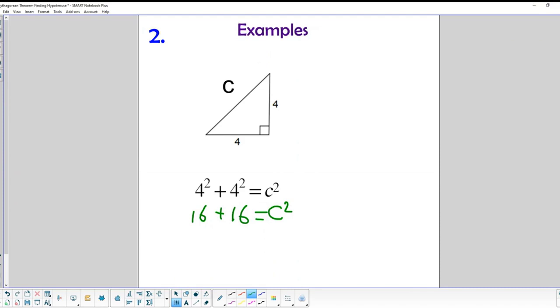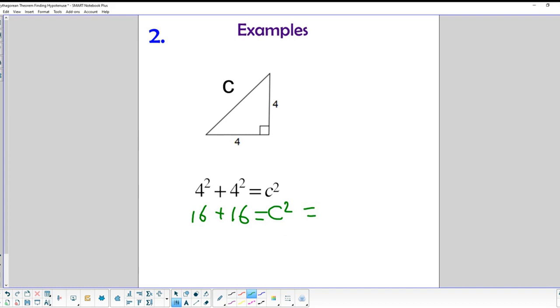So I'm going to grab a calculator to help me out. 16 plus 16 equals 32. Now I'm going to take the square root of 32, and that turns out to be 5.6568.